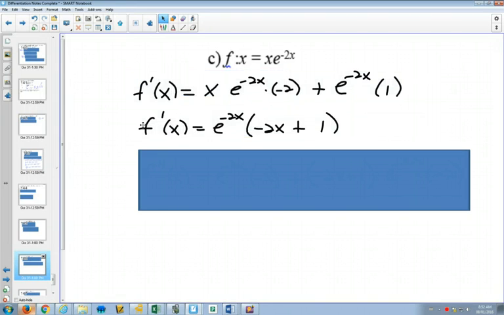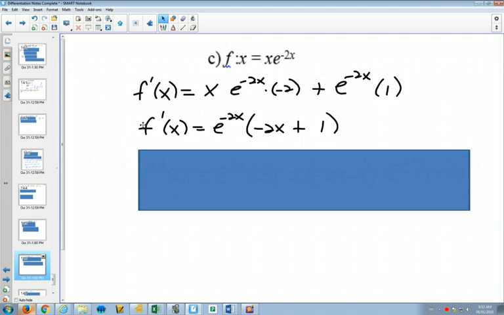So our first derivative has the product rule and the chain rule. Now here it's been factored, but it wouldn't necessarily have to be factored.